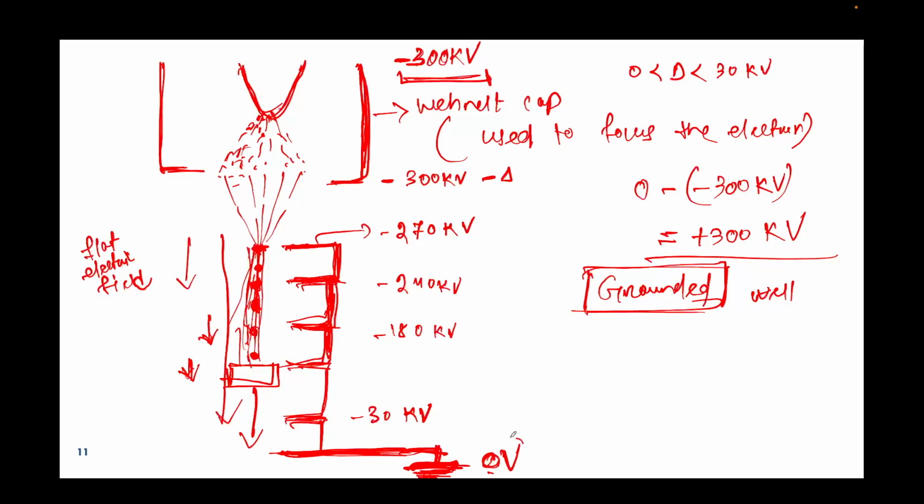Now the problem is, if it is not properly grounded, or it is not 0 volt but has some amount of volt, then the electron beam path will be deviated. That is what we don't want. That is why all electron microscopes, if you observe closely, are kept on the ground floor of a building, so that they have proper earthing.